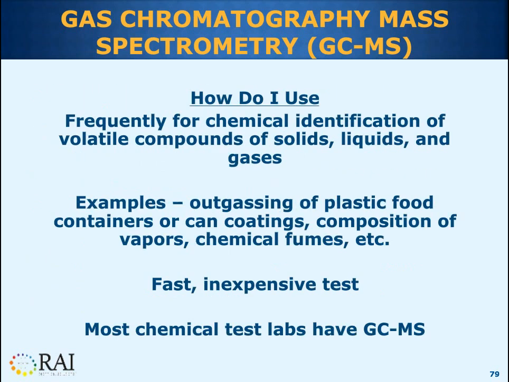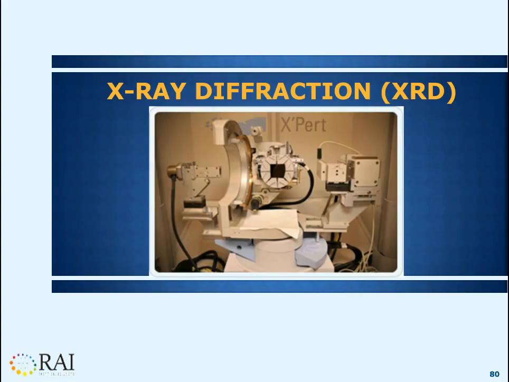Next technique I'll talk about, sorry, I've already missed a slide there, pardon me. Next technique I'll talk about is X-ray diffraction. X-ray diffraction identifies crystalline materials. It enables quick phase identification for a large variety of crystalline samples.